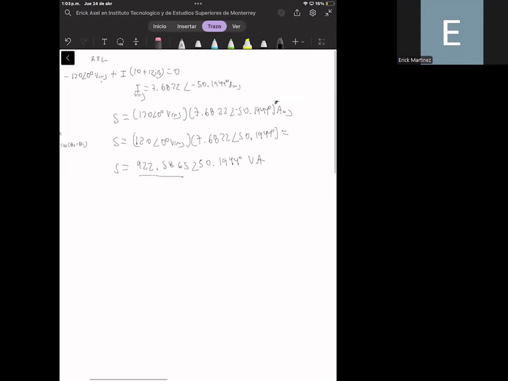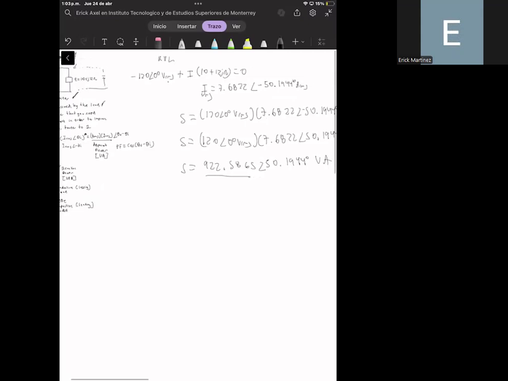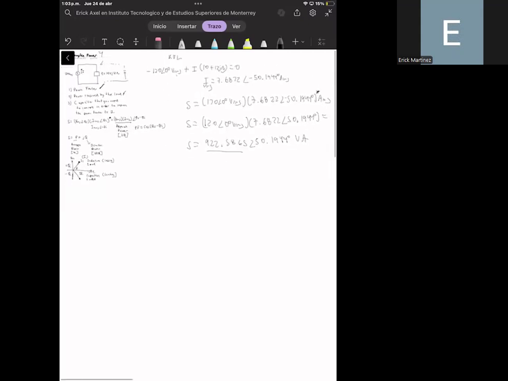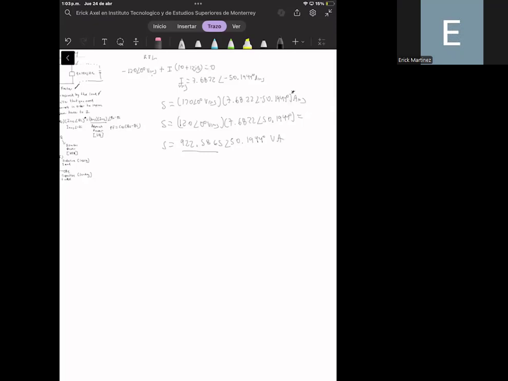Now, as you remember, we need to compute this power factor, okay? But before that, I want to express this complex power in rectangular form. So if you express this polar number in rectangular form, you will obtain the following.